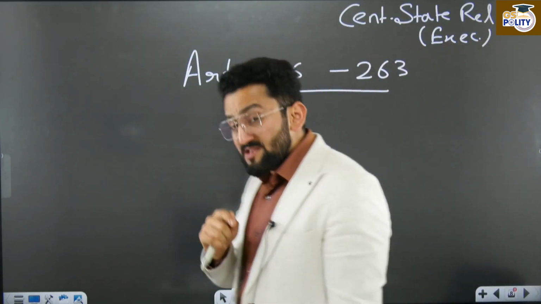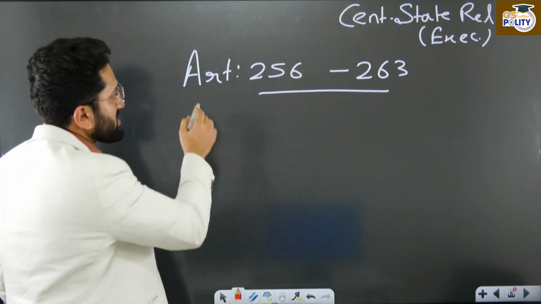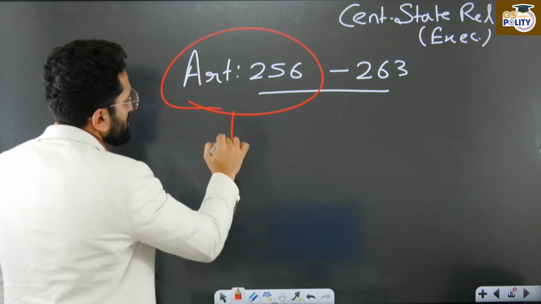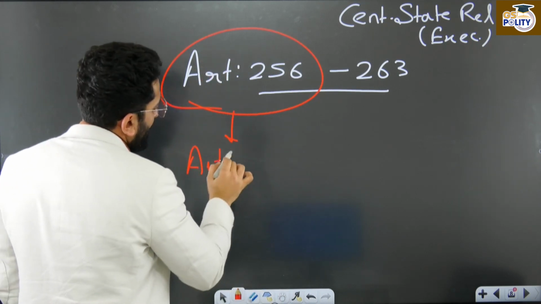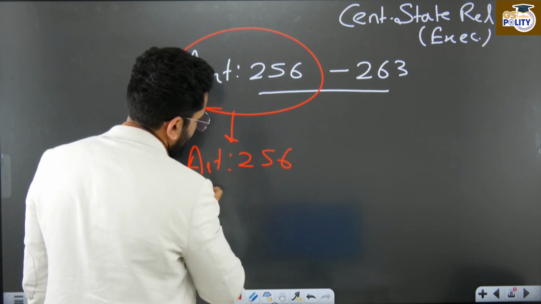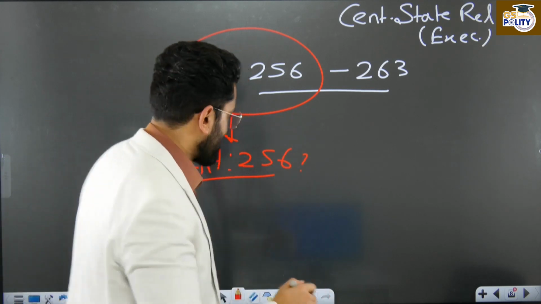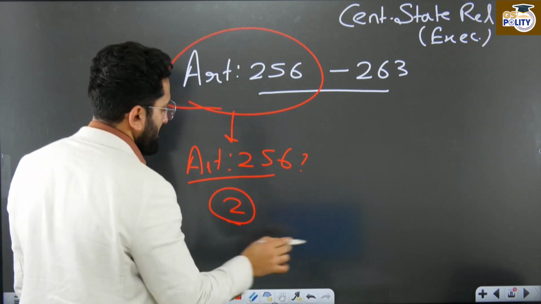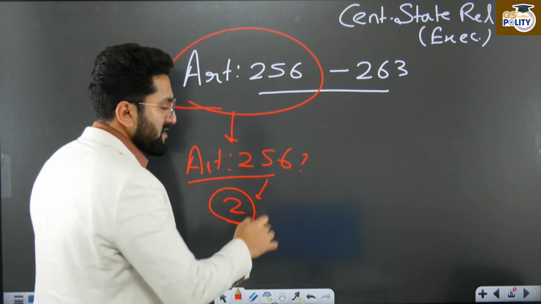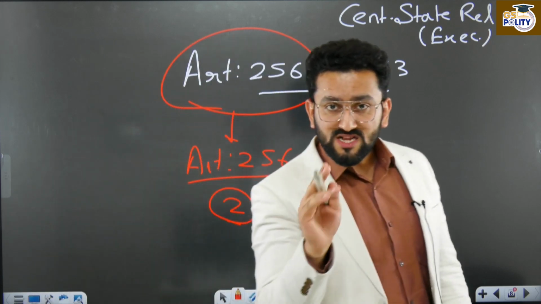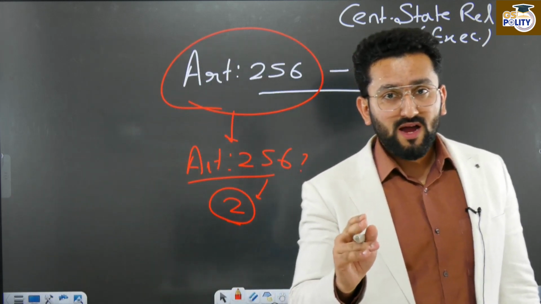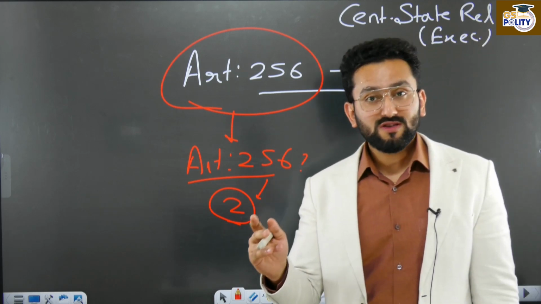Now, as we start in executive power from Article 256, so first question is, what Article 256 says? क्या कहता है? So there are 2 points which are mentioned in Article 256. First point is that state has to comply with central laws.